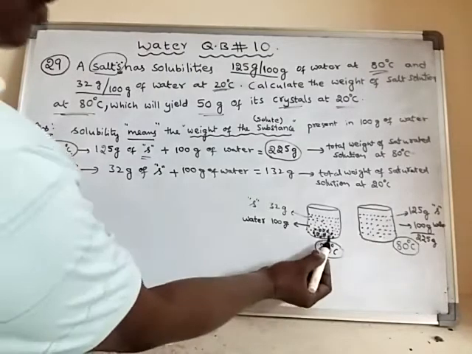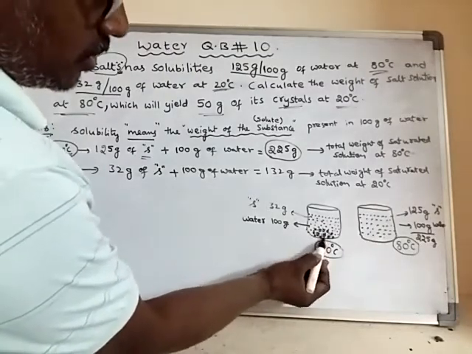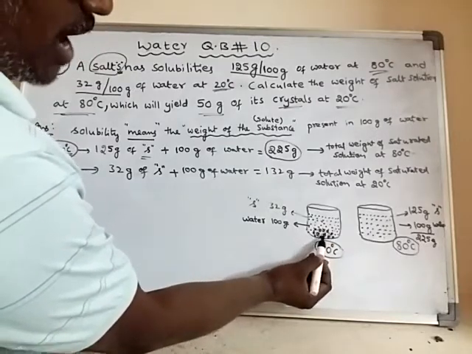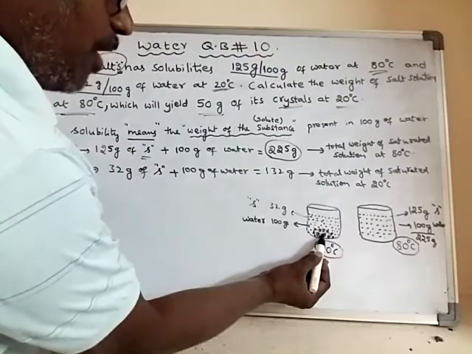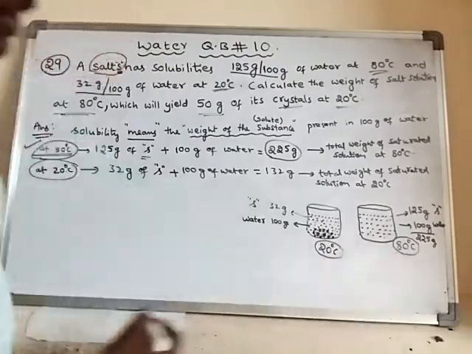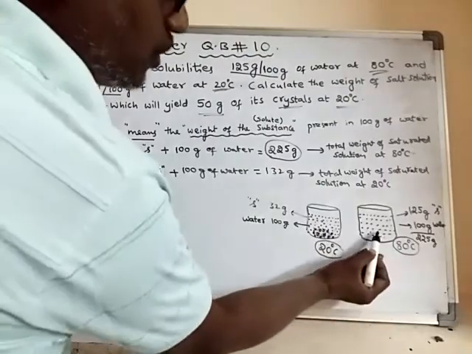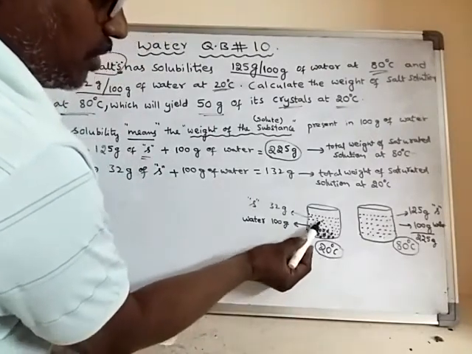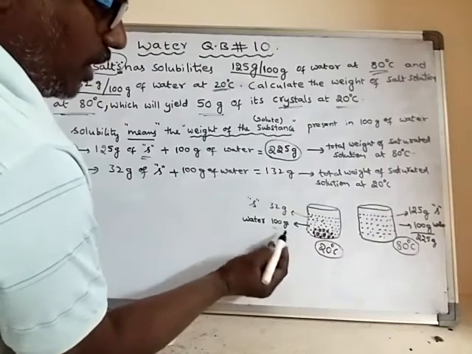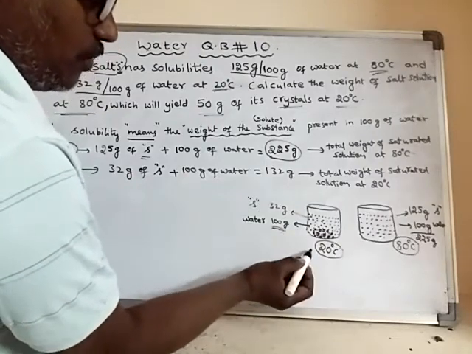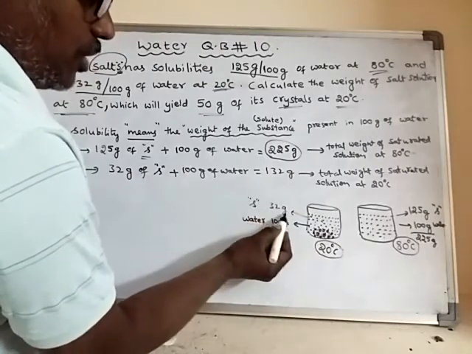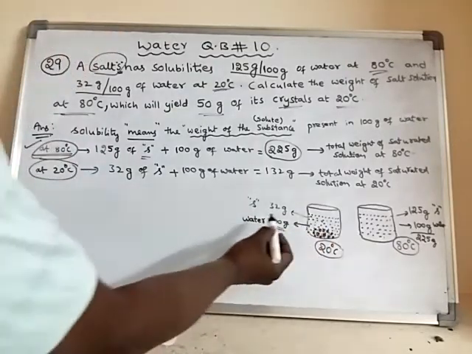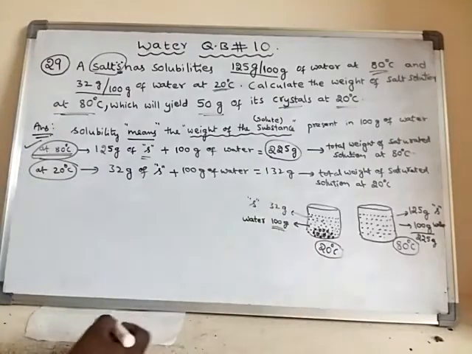That means this substance which is settled at the bottom was in the dissolved form at 80 degrees centigrade, but when the solution is cooled to 20 degrees centigrade, this water is able to dissolve only 32 grams of this substance.